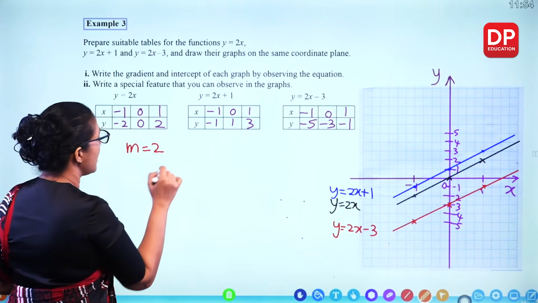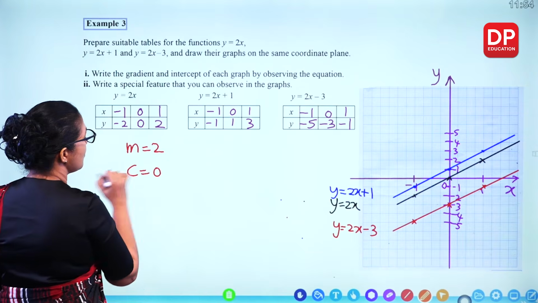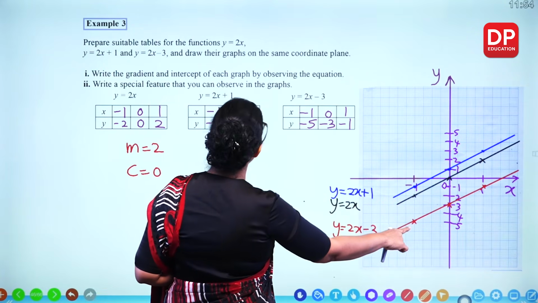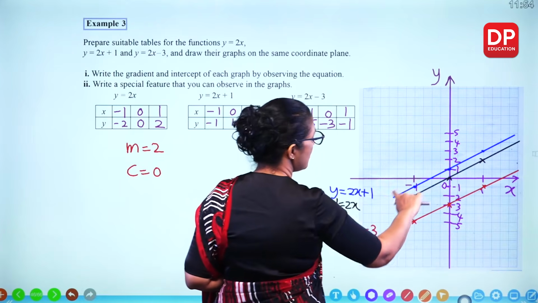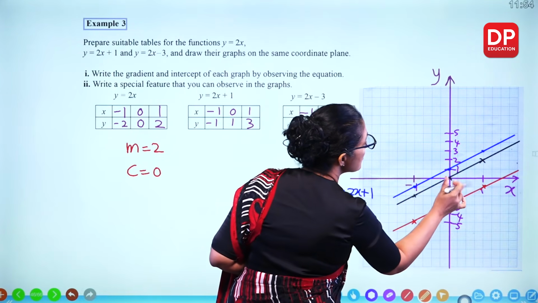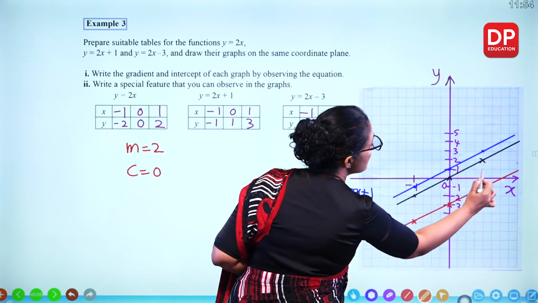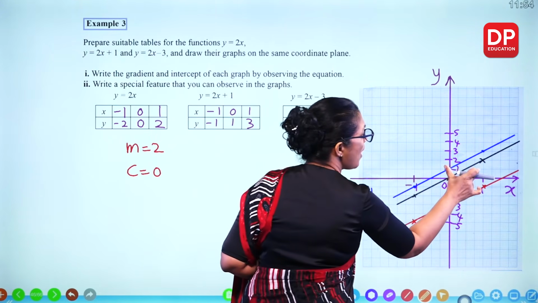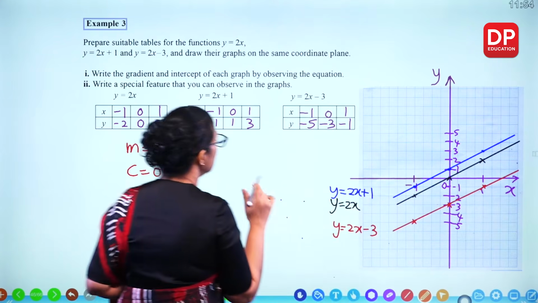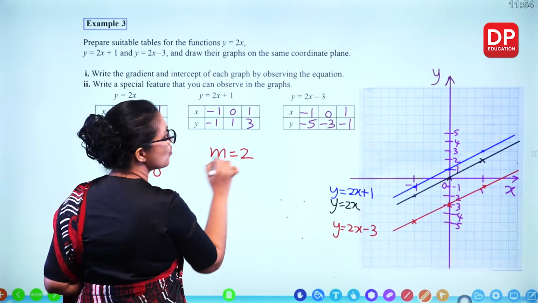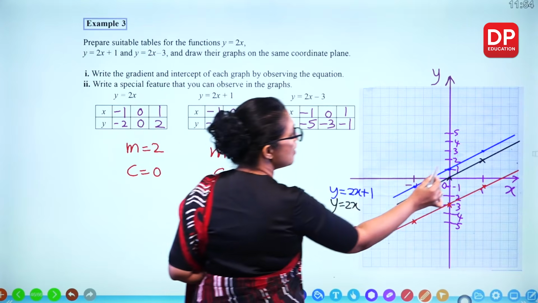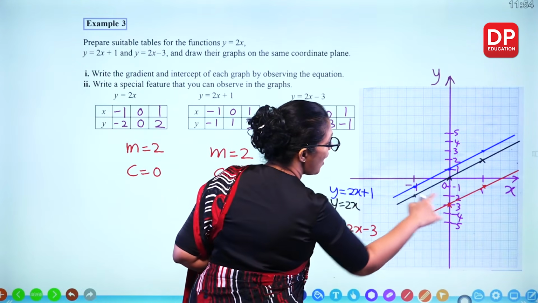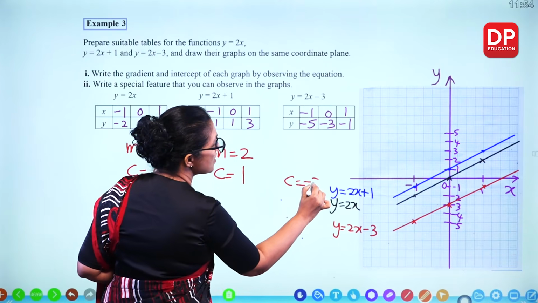Where it cuts the y-axis. 0. In the other graph, this 2x plus 1, what's the slope or gradient? When you take 1 big square, 2 up, slope is 2. What's the y-intercept there? Plus 1.